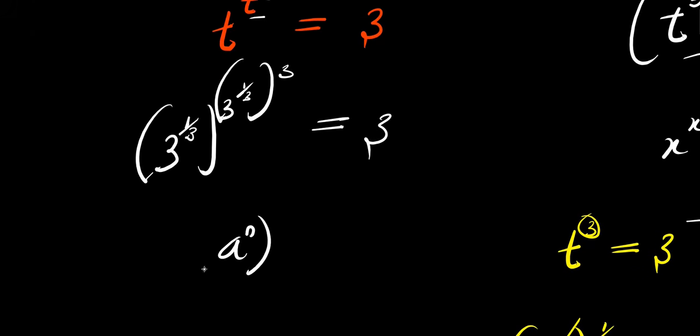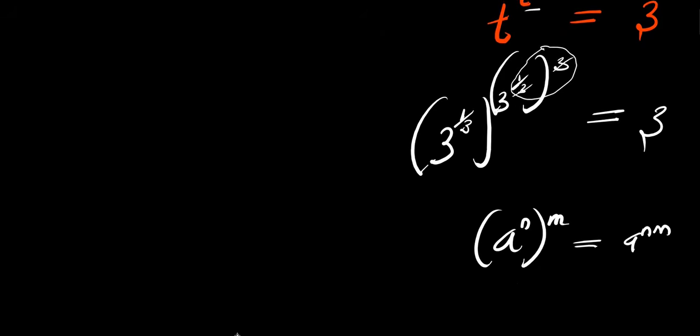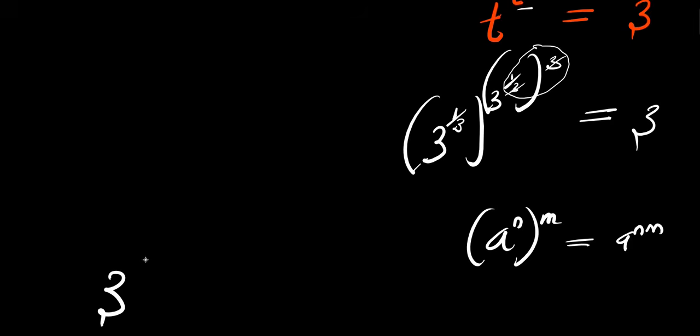You have a power n raised to the power of m equals a power n times m. I can multiply this out. 3 cancels 3. So what I'm going to have will simply be 3 power 1 over 3 raised to the power of 3, because this cancels that and this equals 3.